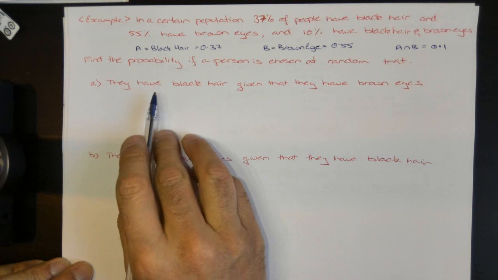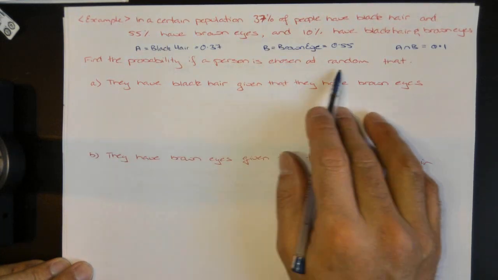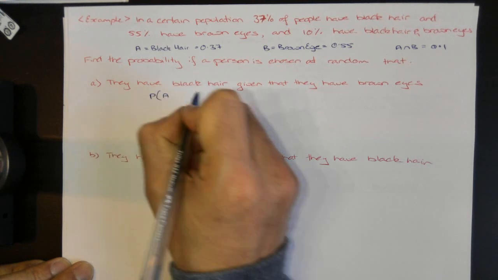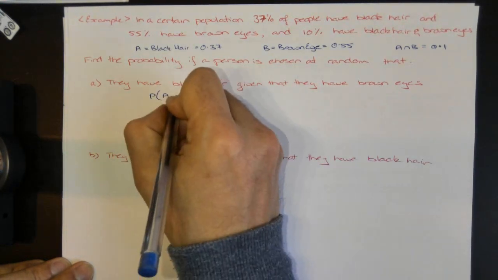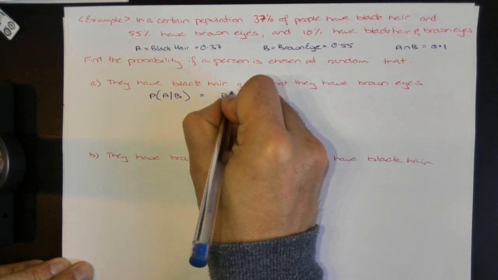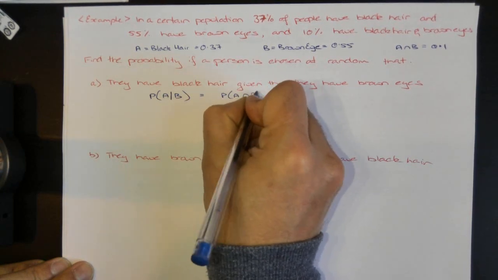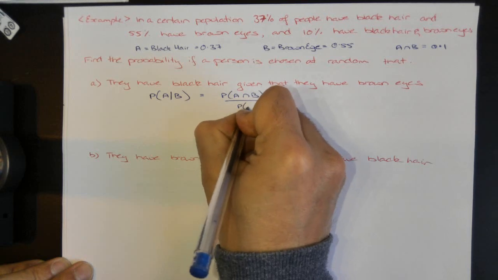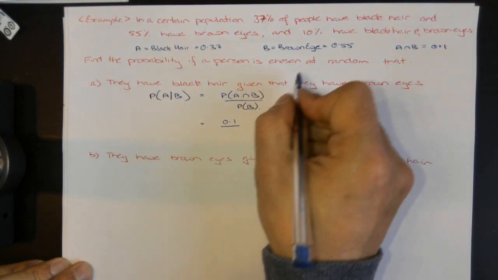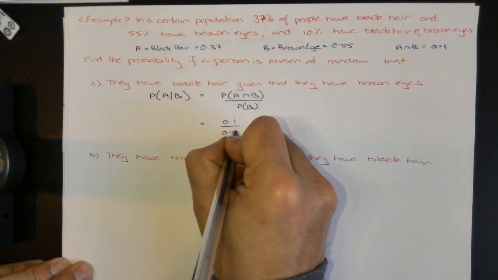Okay. Find the probability if a person is chosen at random that they have black hair. That's A. Given that they have brown eyes. Given that B. Okay. So remember that's the intersection divided by probability of B. So we get 0.1 divided by 0.55.